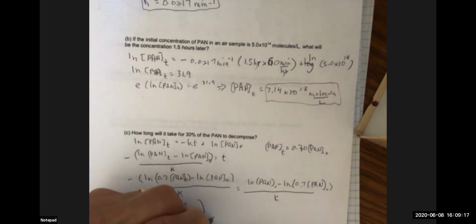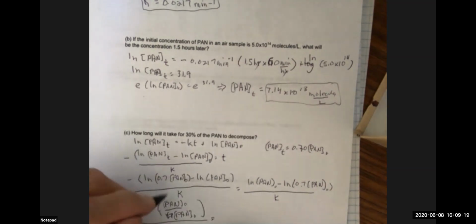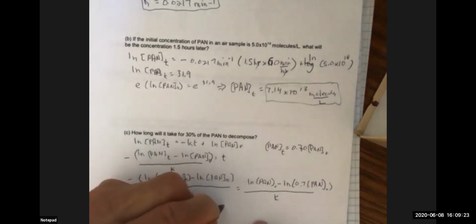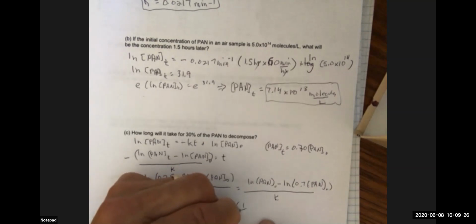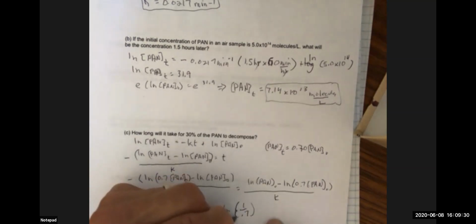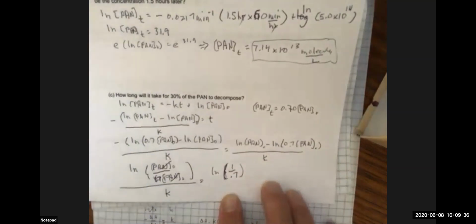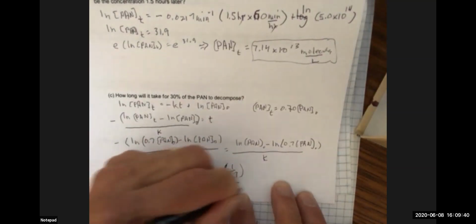Okay, so I think we've got something that we can work with. So PAN 0 cancels, and we get the log of 1 over 0.7, divided by k.